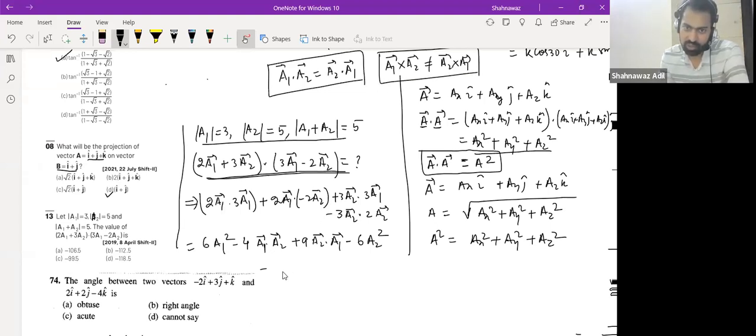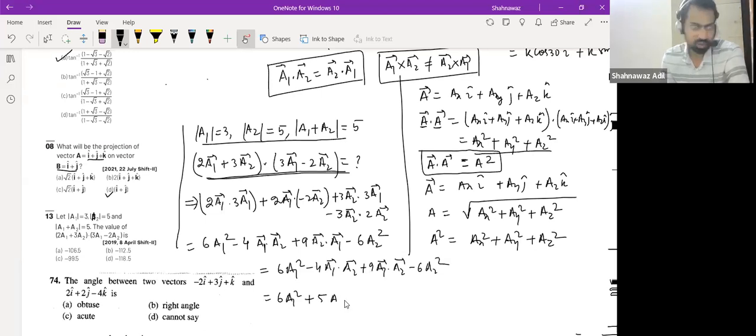So this would be 6a1 square minus 4a1 a2 plus 9a1 a2 and minus 6a2 square. So this would be 6a1 square plus 5a1 dot a2 and minus 6a2 square.